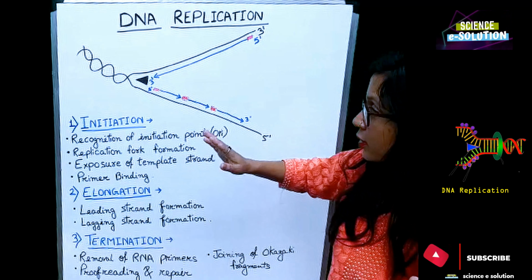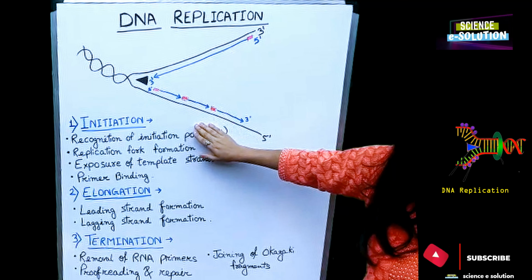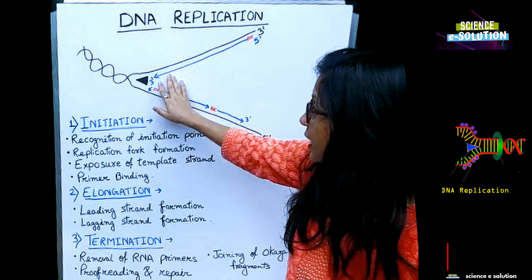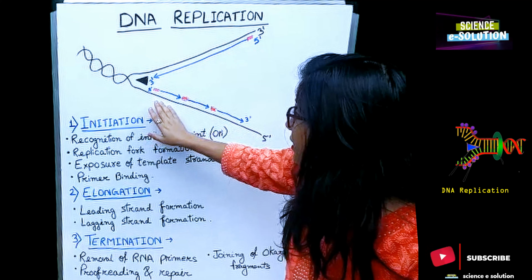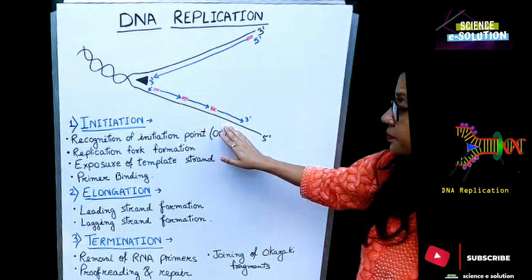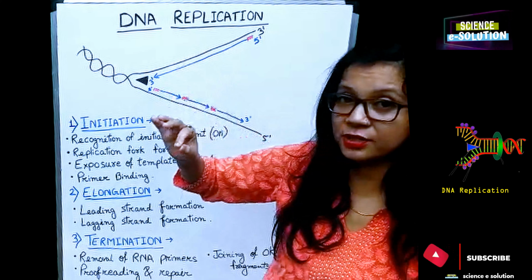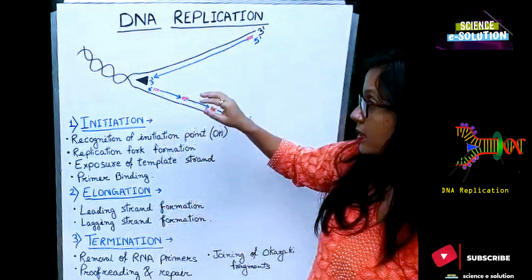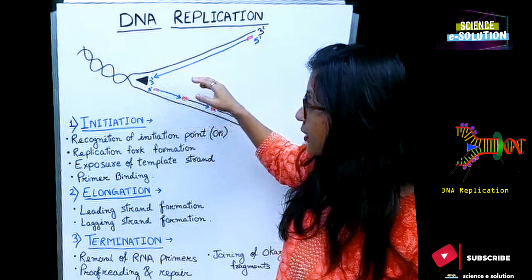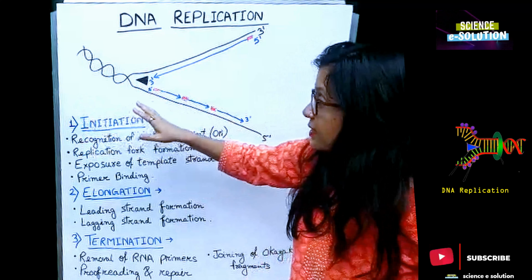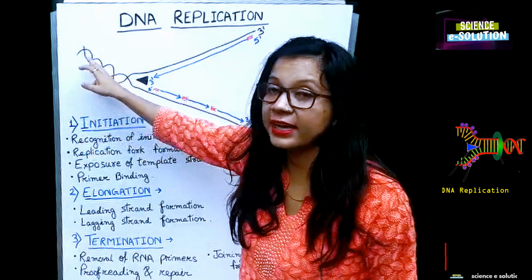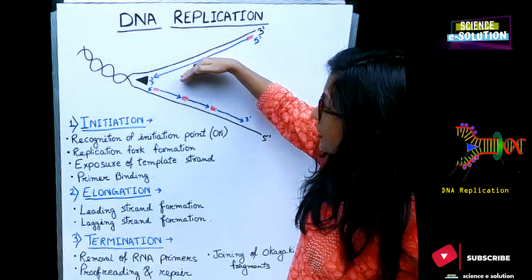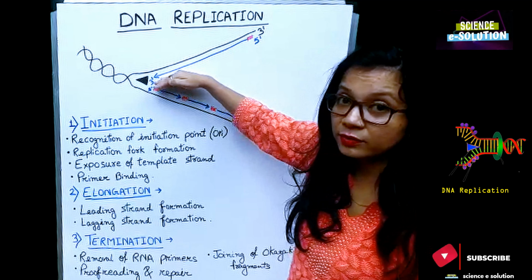Elongation is different for these two template strands. In one strand, the replication is continuous and on the other strand it is discontinuous. You can see here. The strand in which the replication is continuous is known as the leading strand. It is so because the enzyme helicase goes on unwinding the helix as the replication takes place. As it goes on unwinding, replication takes place in one direction on one of the template strands.